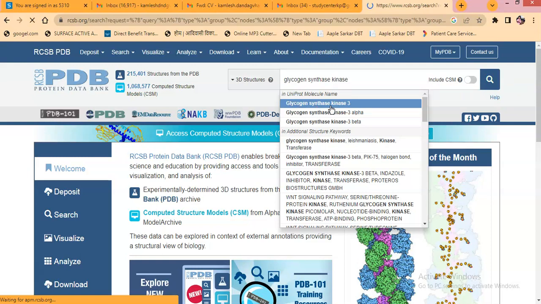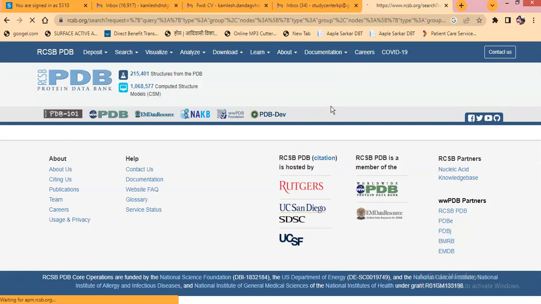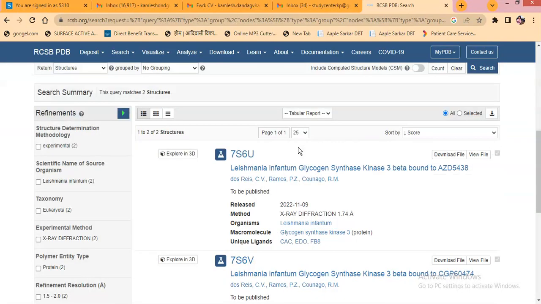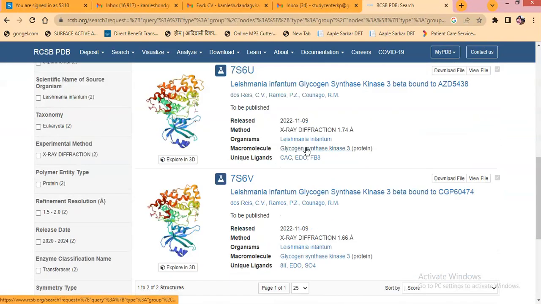Here you can take the protein of your interest on which you are doing your research. Now this Protein Data Bank is showing the information for glycogen synthase kinase bound with this AZD.